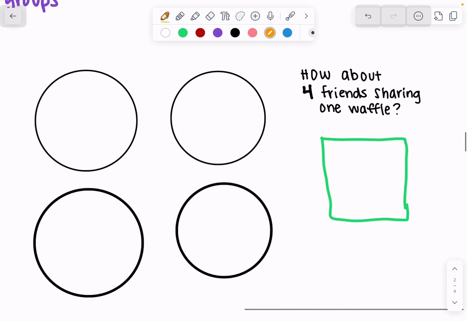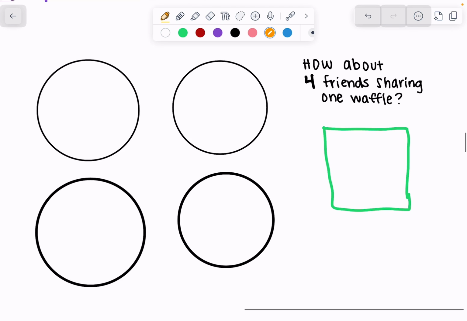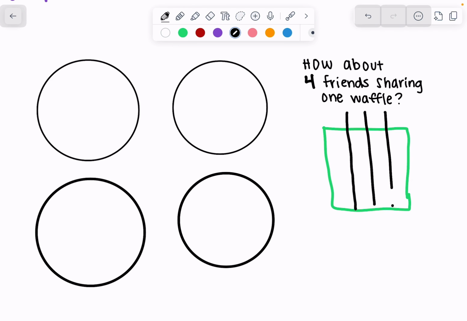How about 4 friends sharing one waffle? This is where the relationship is going to become very apparent. So we have our one waffle. We need to divide it equally into 4 equal pieces, so that we have 4 parts that we can divvy out equally among our 4 friends. So we do 1, 2, 3, and then this 4th little piece right here.